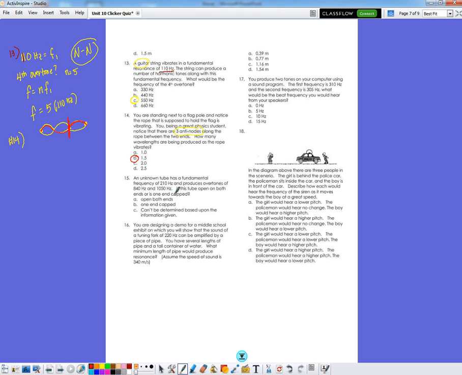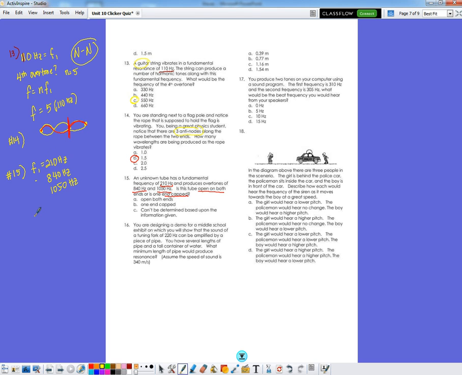Number 15. An unknown tube has a fundamental frequency of 210 Hz and produces overtones of 840 Hz and 1050 Hz. Is the tube open on both ends or one end capped? Okay, so here you need to look at what pattern it is doing. You have a fundamental of 210 Hz, and it's also giving you 840 Hz and 1050 Hz.